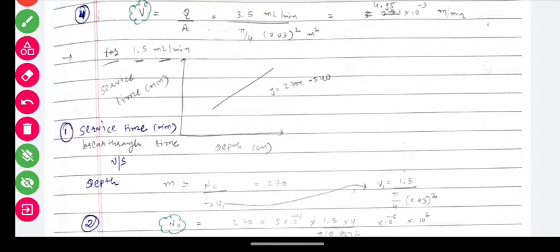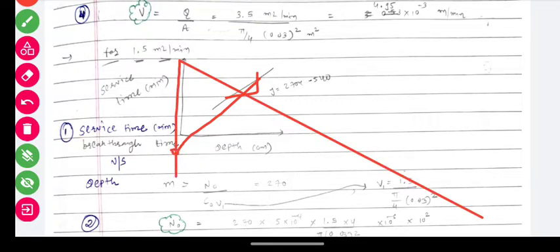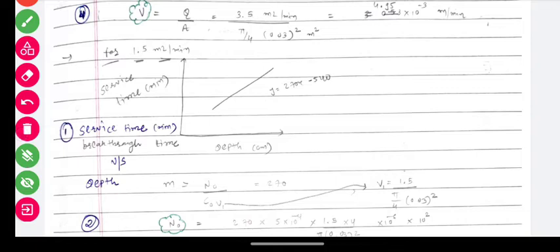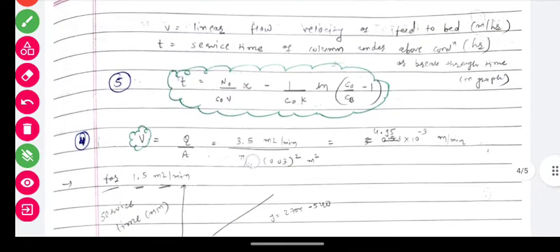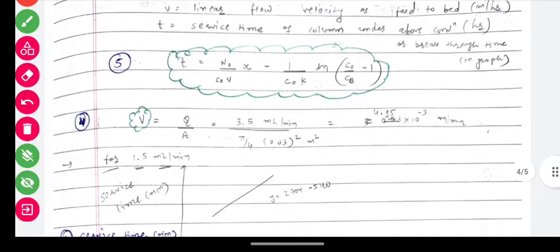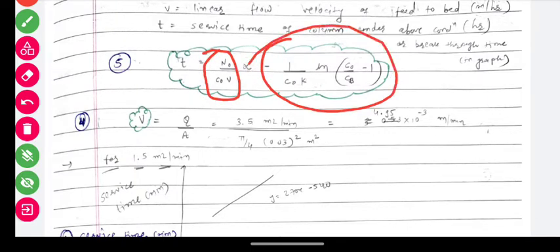In your graph you have to calculate the slope like this and the intercept like this. Now you know the slope and you know the intercept. What will be the slope and intercept for this? This is your slope and this is your intercept.